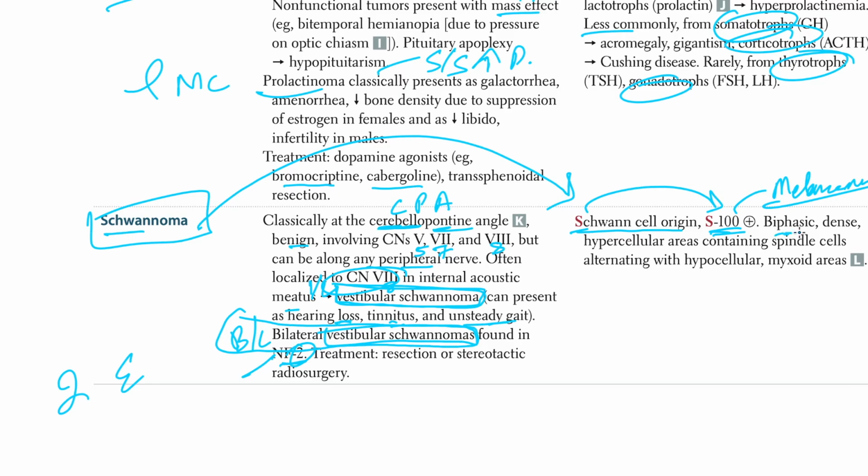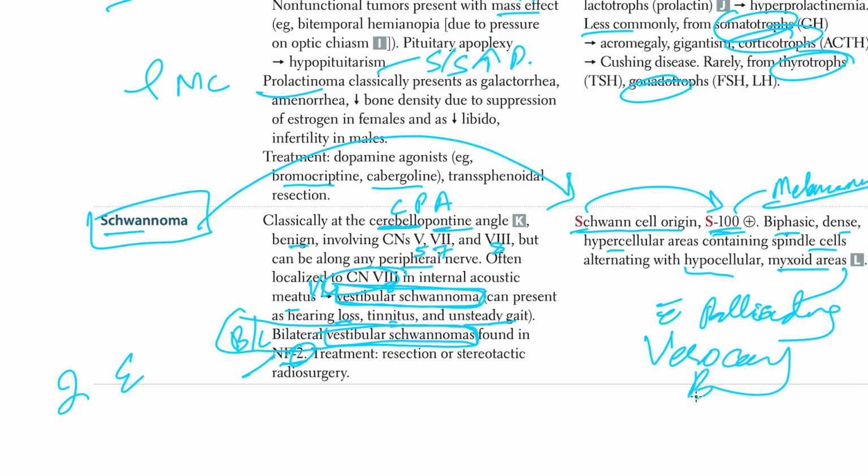It's a biphasic, dense, hypercellular area containing spindle cells alternating with hypocellular myxoid areas. And the myxoid areas with palisading verrucae bodies.